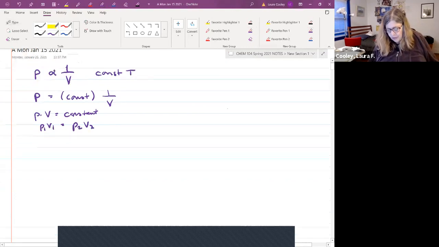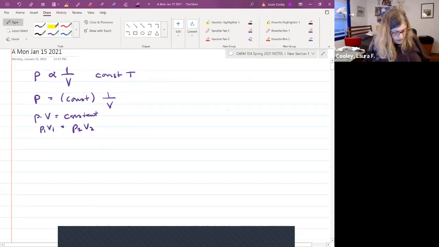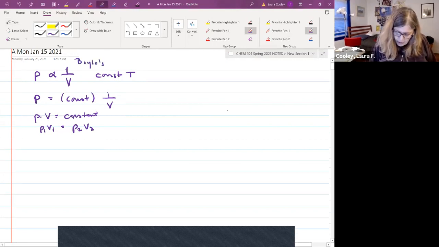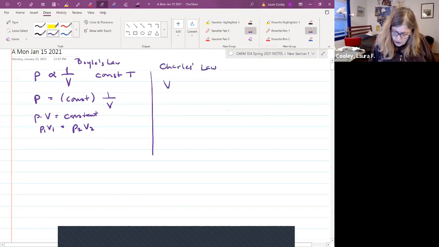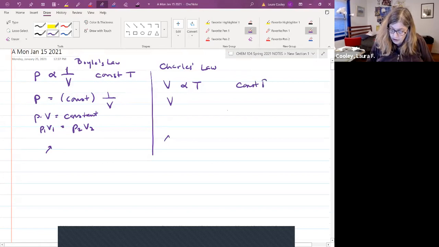Feel free to fast forward to wherever you were able to see me up until. Okay, so that's Boyle's law. Then we have Charles's law, which is the proportionality of volume to temperature. This is a direct proportion, and it's at constant pressure.